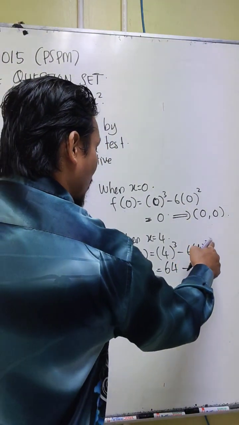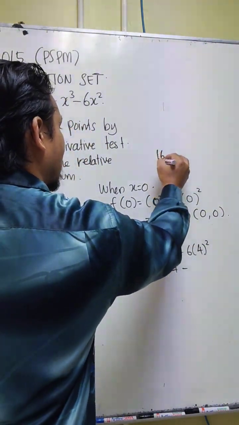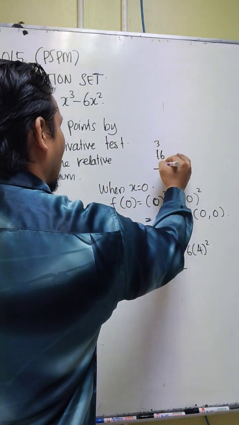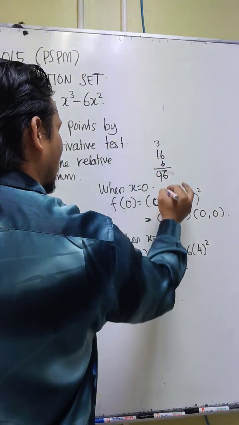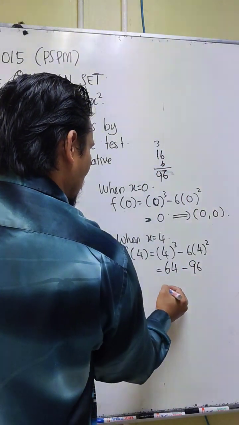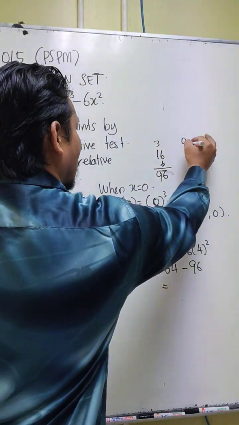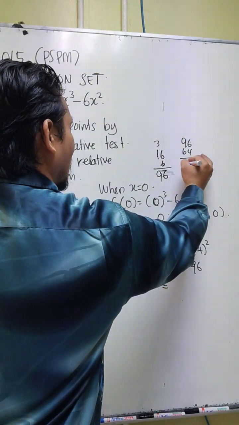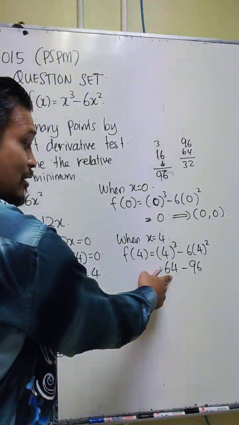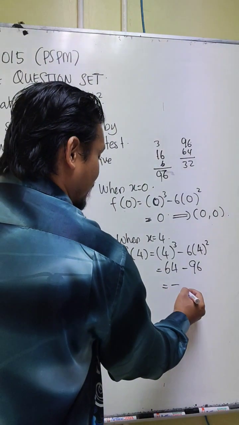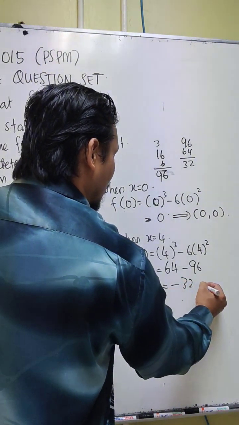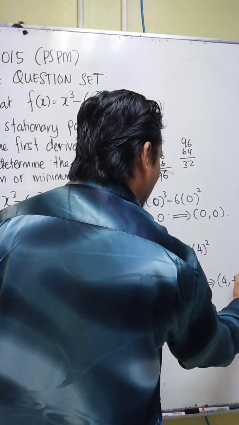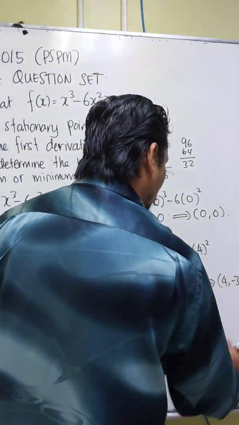Then 4 squared equals 16, and 16 times 6 is 96. So we get 64 minus 96, which is negative 32. So the coordinate of the stationary point here is (4, negative 32).